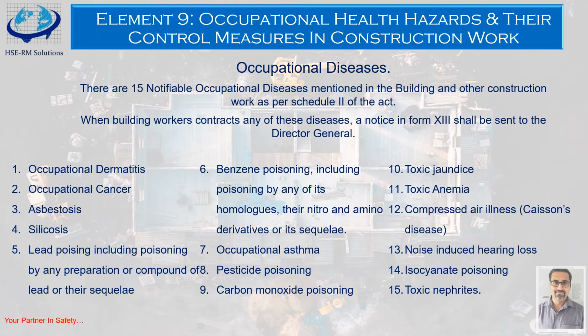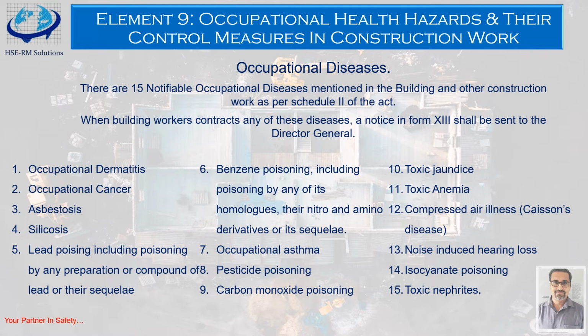Now, what are these diseases? First, occupational dermatitis. Occupational dermatitis means skin-based allergies. Then occupational cancers, asbestosis, silicosis, lead poisoning, including poisoning by any preparation or compound of lead or their sequel. Sixth is benzene poisoning, including poisoning by any of its homologues, their nitro or amino derivatives or its sequel.